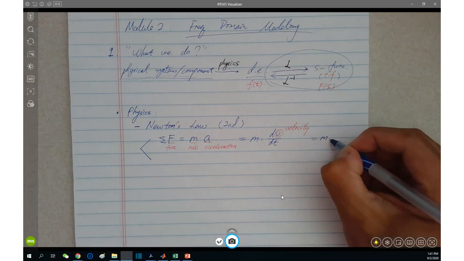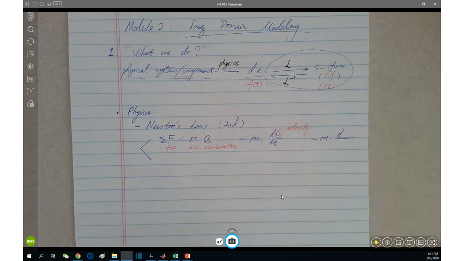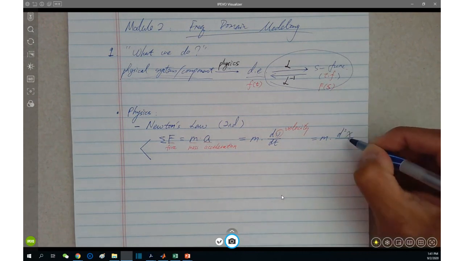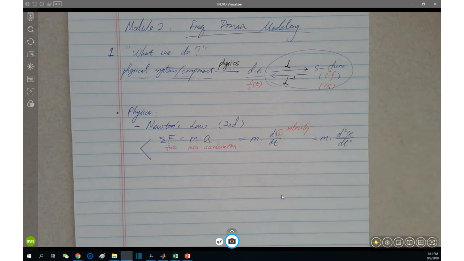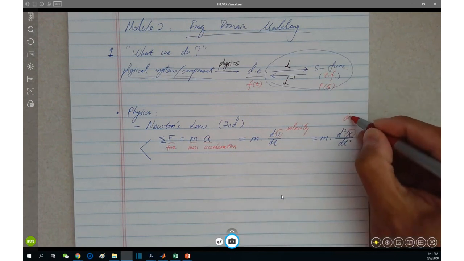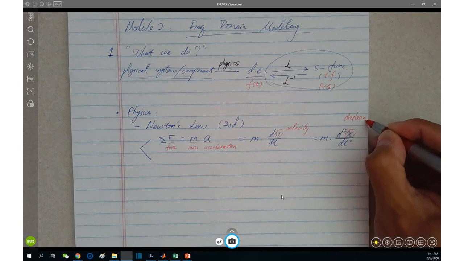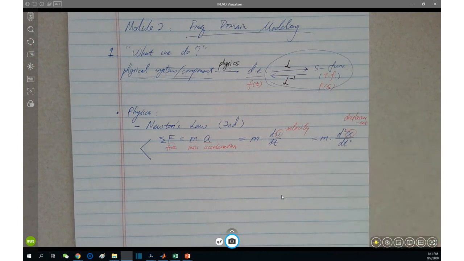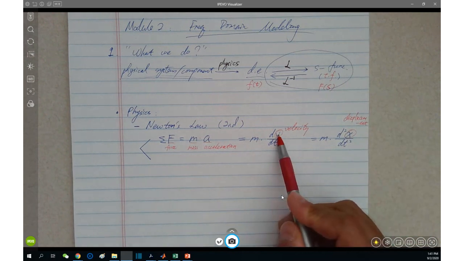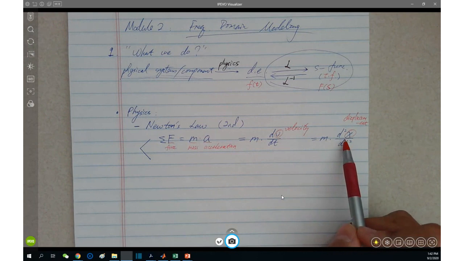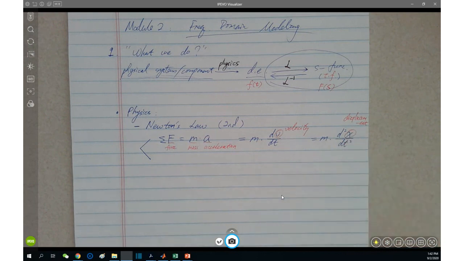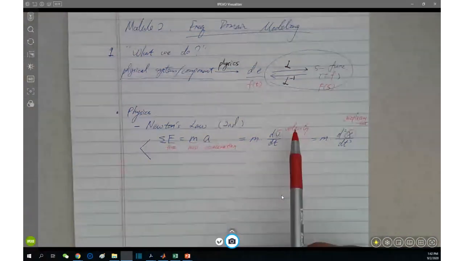And the velocity equals the derivative of displacement with respect to time t. Therefore, it equals m times the second order derivative of displacement with respect to time t. Does that make sense? So it involves the mass, acceleration, velocity, and displacement.